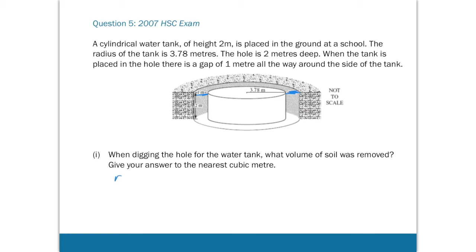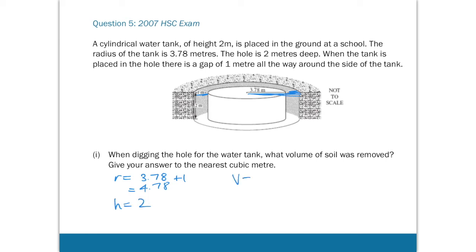So the radius is going to be 3.78, the radius of the water tank, plus 1. So it's taking into account this whole length here, not just the cylindrical radius. So this equals 4.78. And we know that the height is 2, so it's the same.